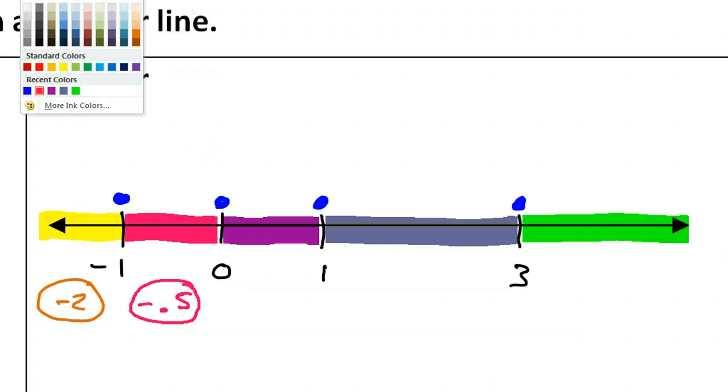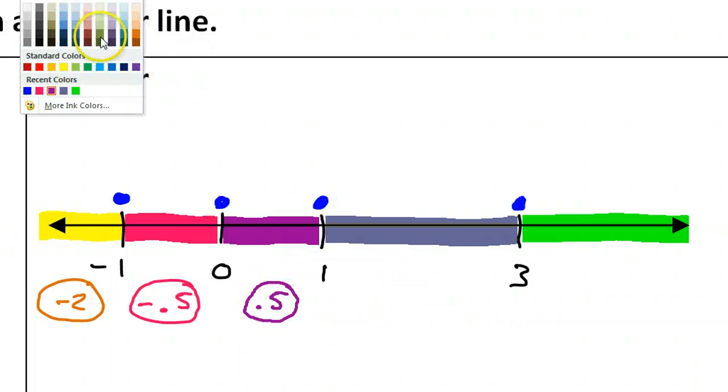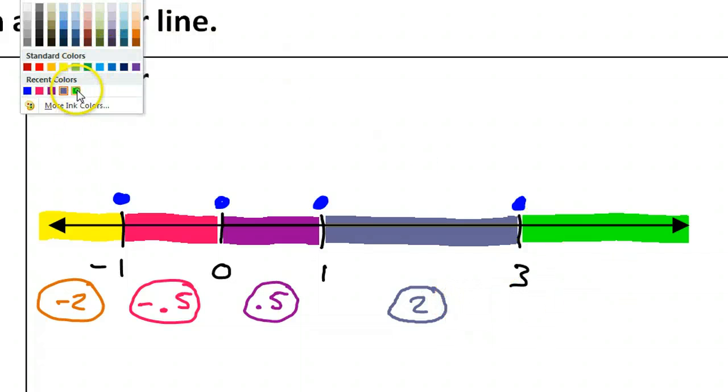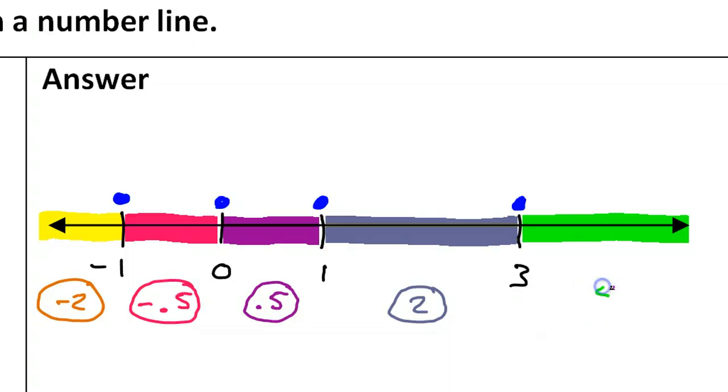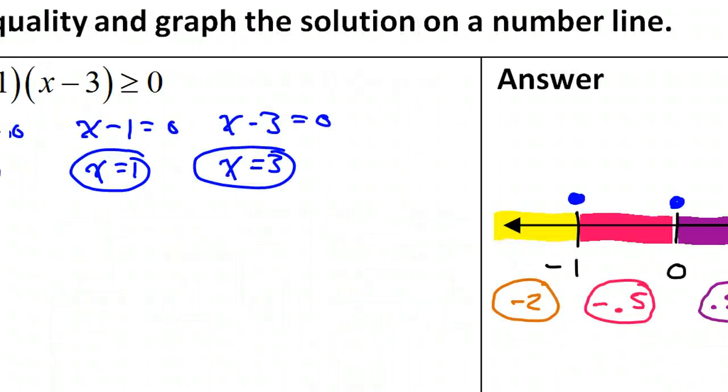For the purple zone, we will also need a decimal. This time positive 0.5 would work. For the gray zone, we could use 2, would be a logical choice. And for the green zone, we could use 4. So let's use these values for our test values. Okay, so let's start with -2.